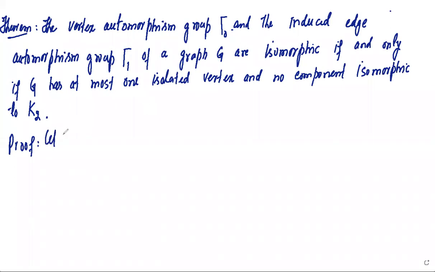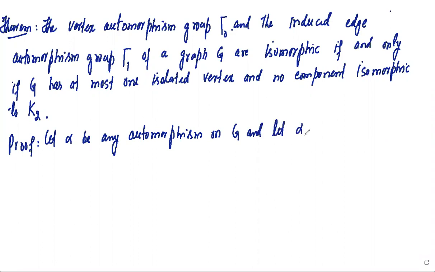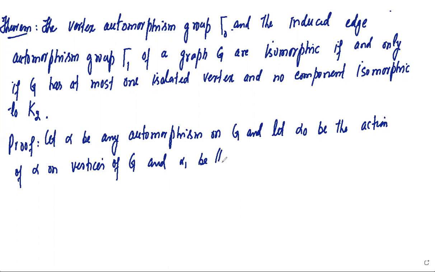Now let alpha be any automorphism on the graph G. And let alpha 0 be the action of alpha on vertices of G and let alpha 1 be the action of alpha on edges of G.